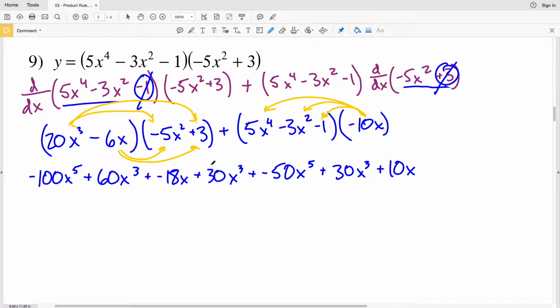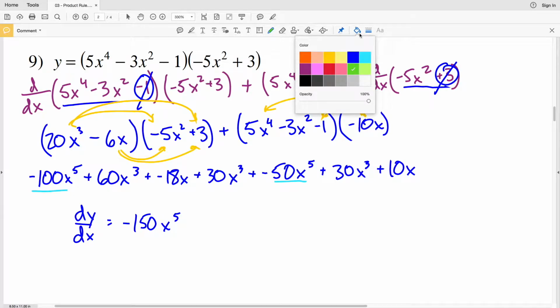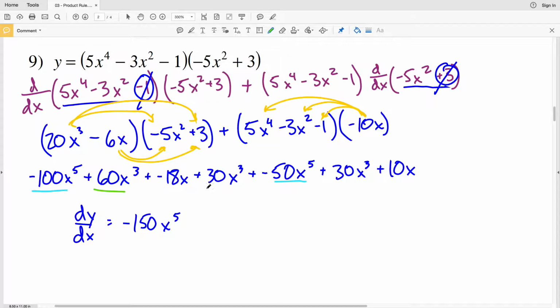Now combining all my like terms, I'll start by combining my highest degree of x to the fifth. So negative 100x to the fifth minus 50x to the fifth equals negative 150x to the fifth. And then I have 60x cubed, 30x cubed, and 30x cubed to give me a positive 120x cubed.